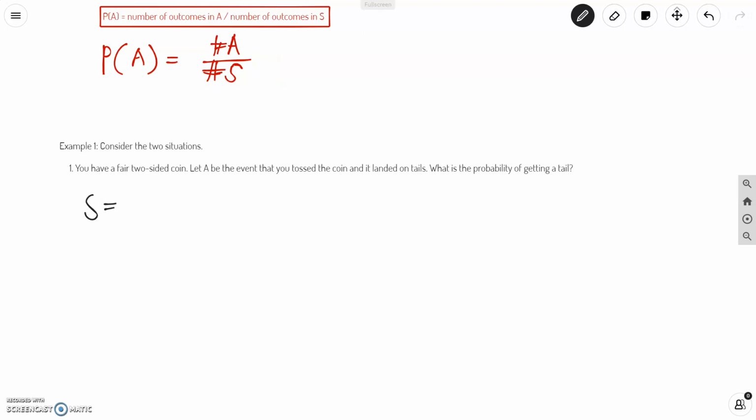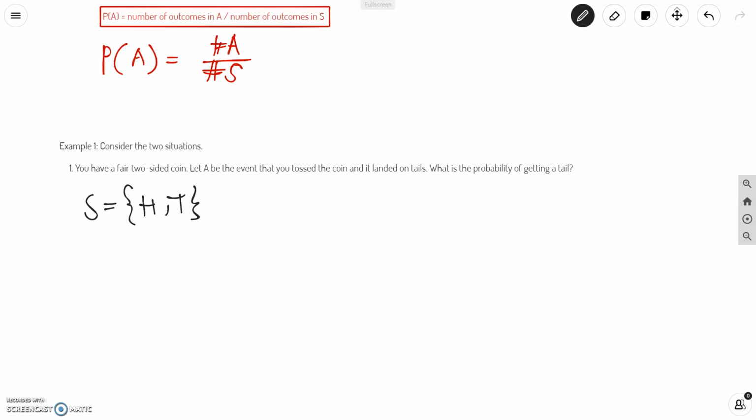Here our experiment deals with tossing a coin, and A is the event that the coin lands on tails. The sample space is a list of all of the possible outcomes that we can get from an experiment. For tossing a coin, the possible outcomes we can get are heads, tails.